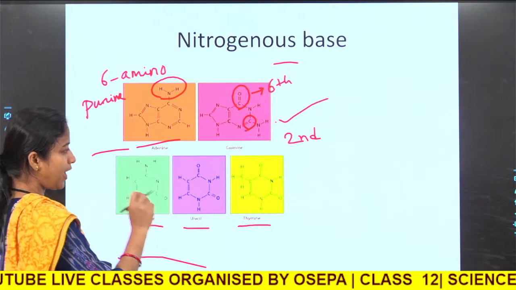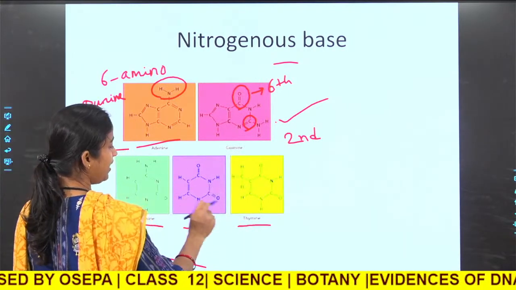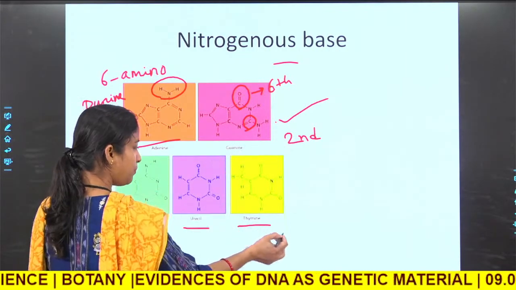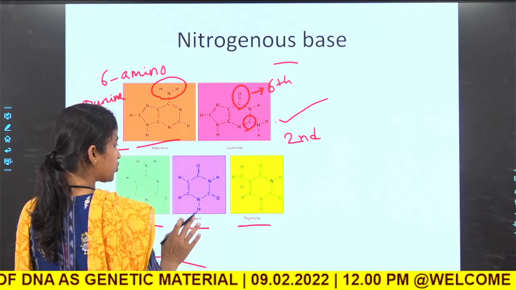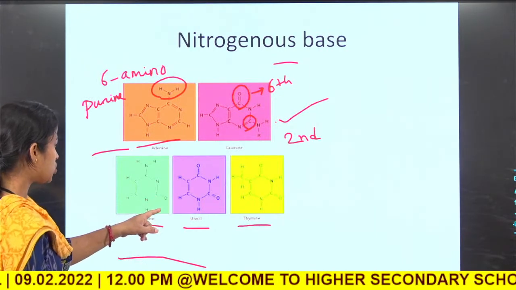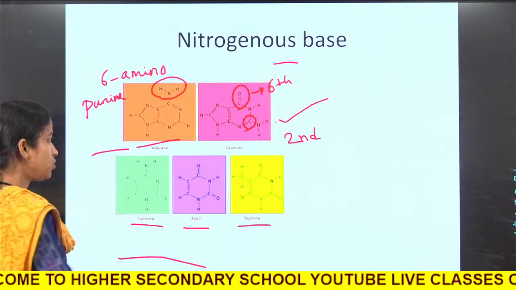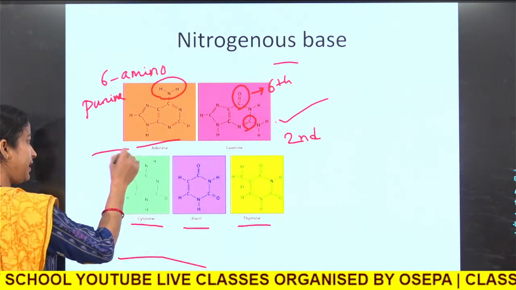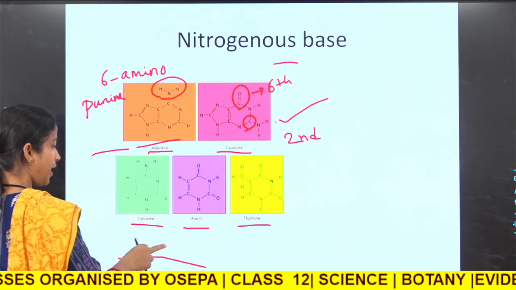Thymine is 2,4-dioxo 5-methyl pyrimidine. These are all purines, these are all pyrimidines, and uracil is only 2,4-dioxopyrimidine, and this is 2-oxo 4-amino pyrimidine. So, these are the structures of the 5 nitrogenous bases: adenine, guanine, cytosine, uracil and thymine.